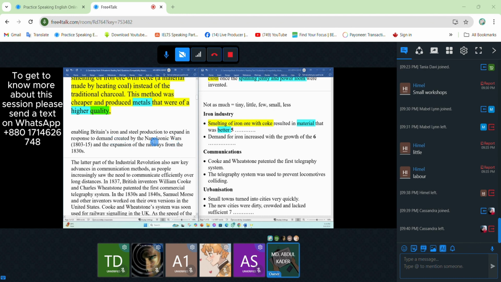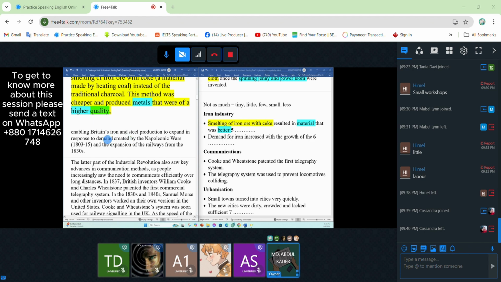Actually, during the Napoleonic Wars, huge demand was created for iron and steel production. So this method was able to expand or fulfill the demand created by the Napoleonic Wars.